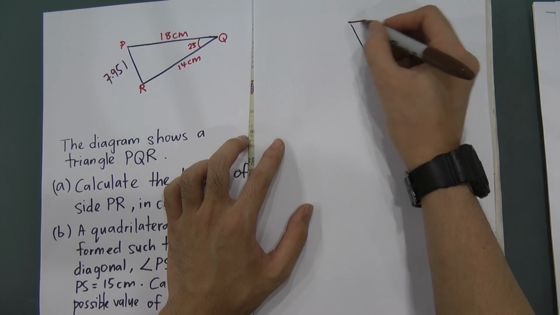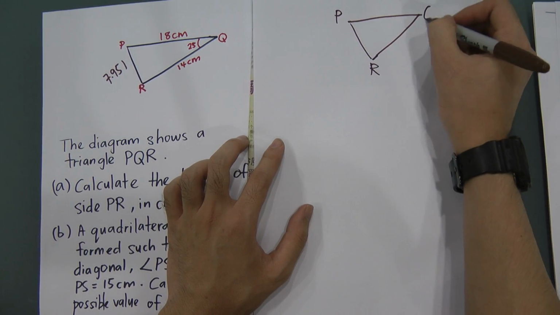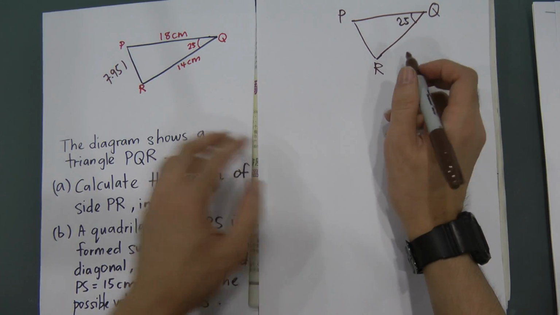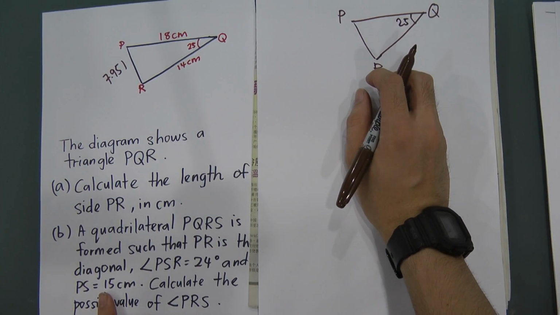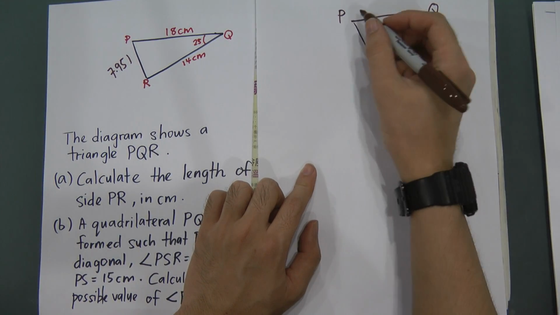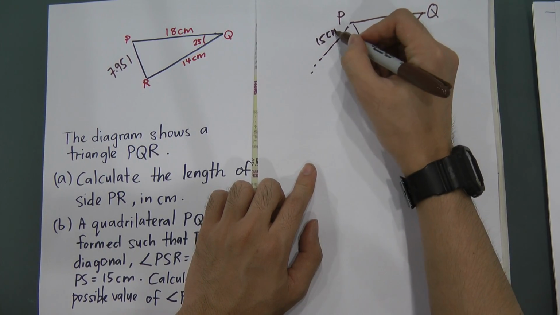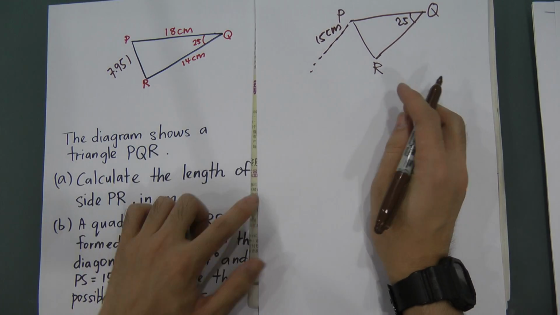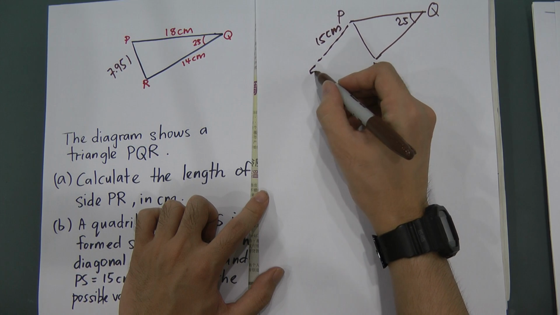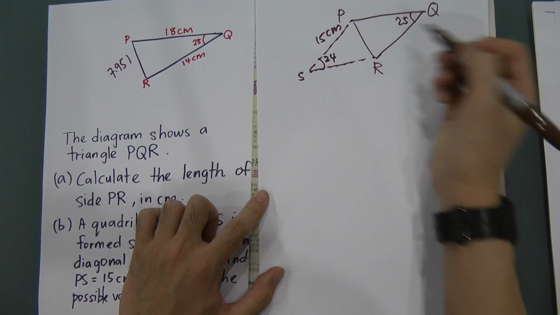This is P, this is R, this is Q, and here we got 25. PS must be 15, so P to S must be 15 centimeter. And then he said PSR must be 24, so I connect here to R, and here has to be 24.